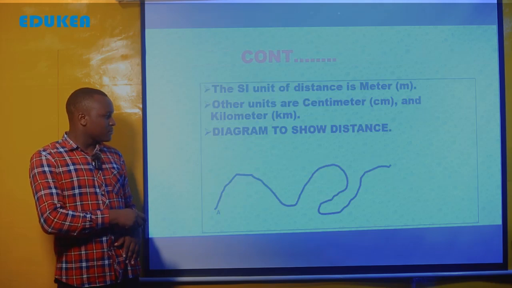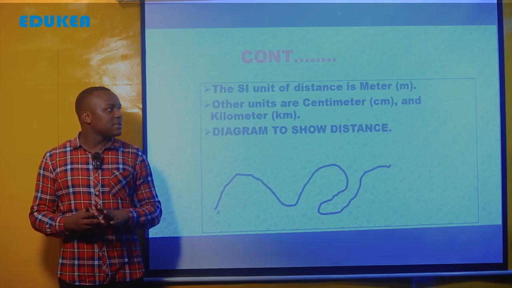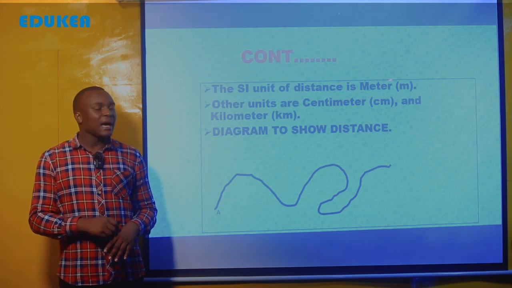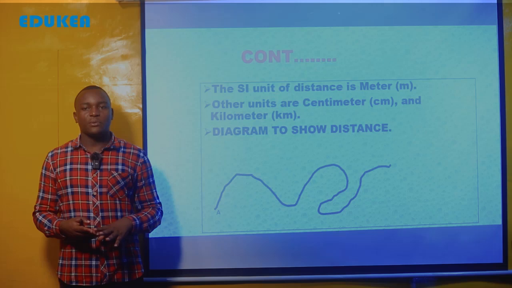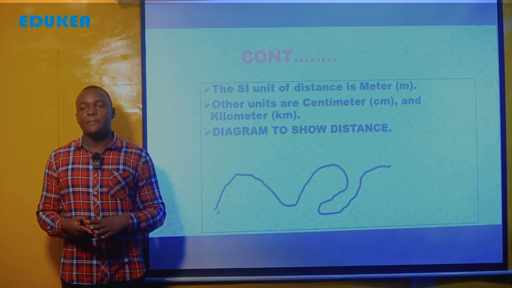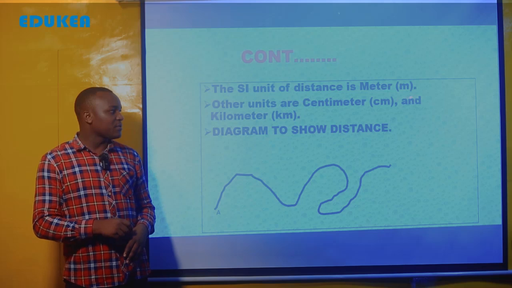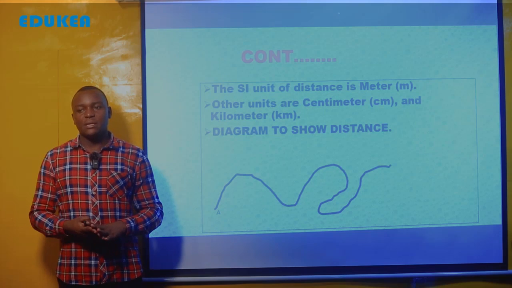When we talk about SI unit of distance, it is meter, but we can use other units to express the distance. Kwa mfano tunaweza kutumia mita au kilomita au units zingine za umbali au urefu.